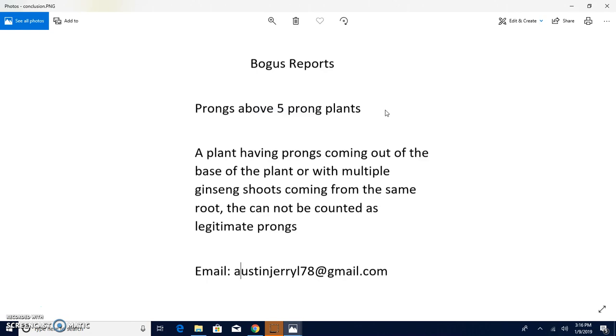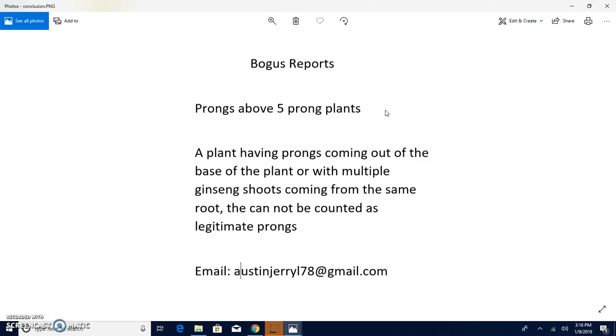In my opinion, there's only 2-prong, 3-prong, 4-prong and 5-prong plants. 5 prongs in this area are very scarce, but however, if you got some seeds from a 5-prong plant and you planted those, then you would probably wind up with a ginseng patch with a lot of 5-prong plants in it.